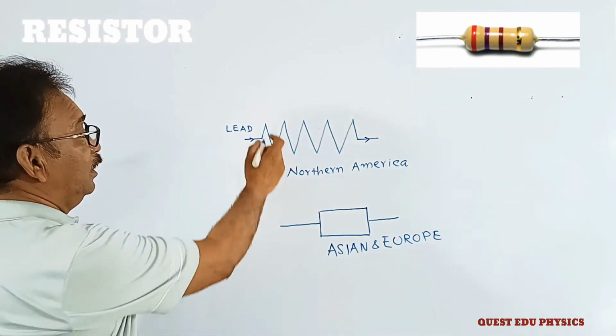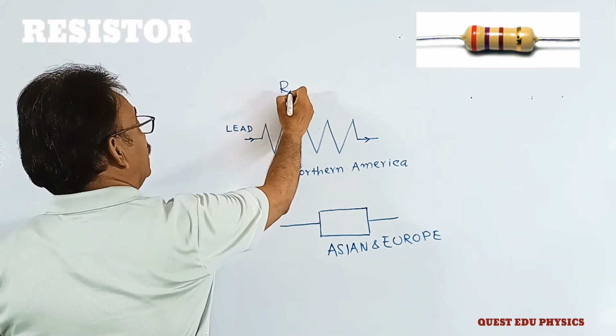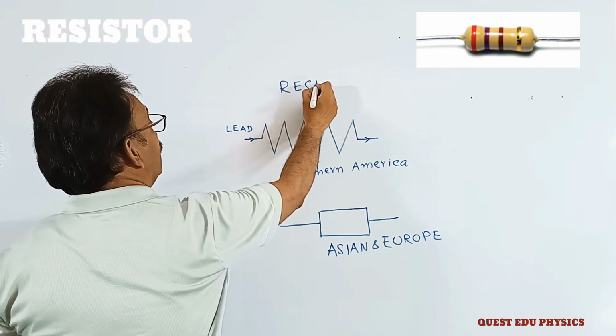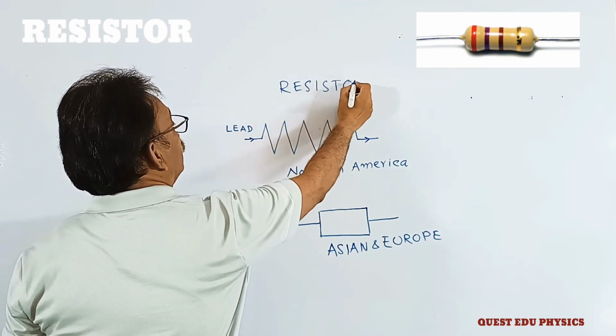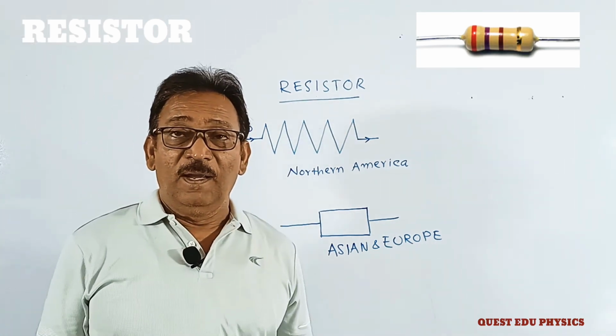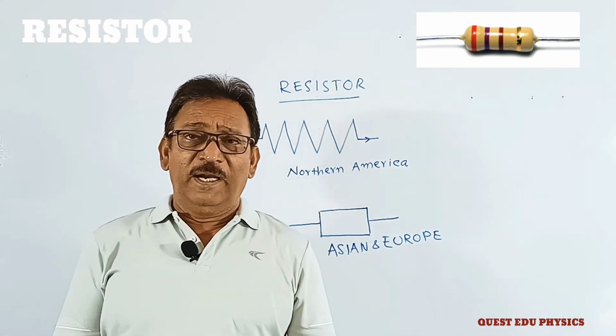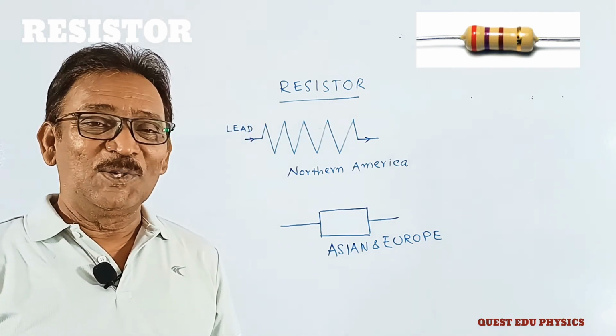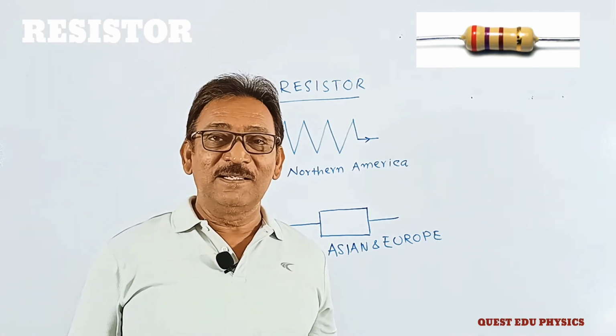Here, what is this? It is the symbolic representation of a resistor. Okay, students. Here, the resistor regularizes the current.